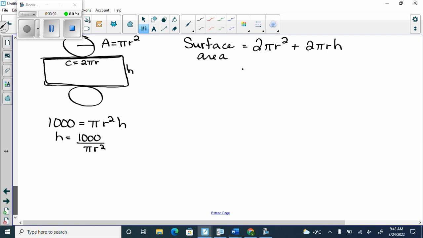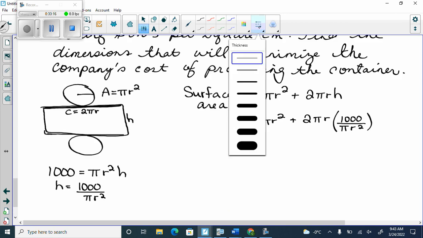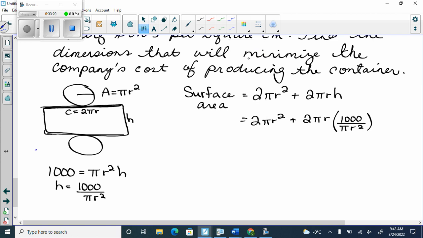So I'm going to get 2 pi r squared plus 2 pi r times 1,000 over pi r squared, which is actually better than it looks, because the pi is going to cancel, r is going to cancel, and I'm going to be left with 2 pi r squared plus 2,000 r to the negative 1.